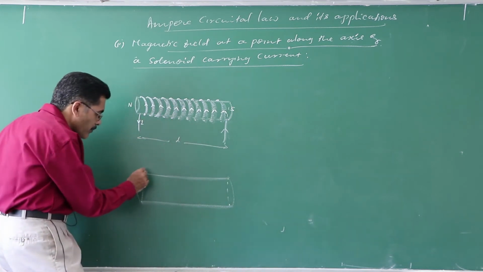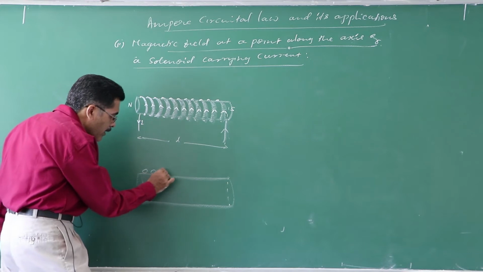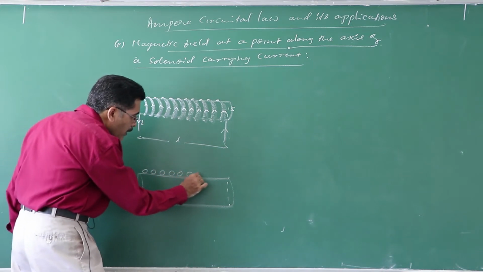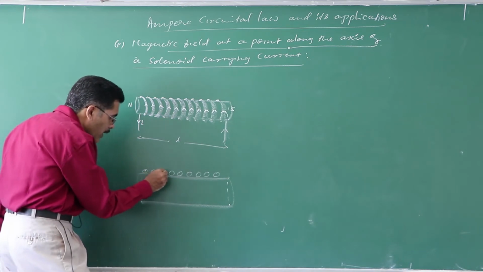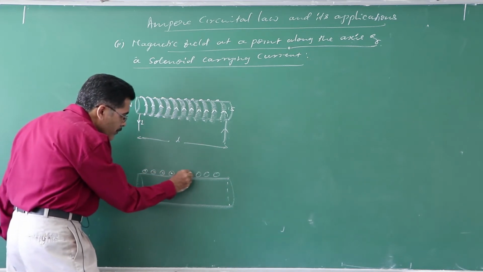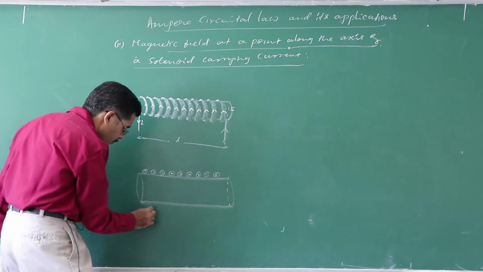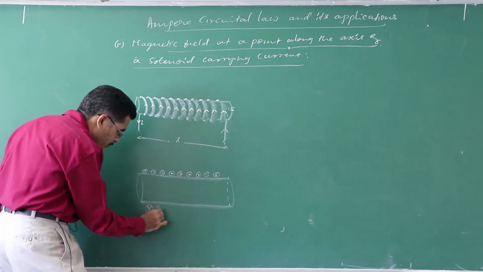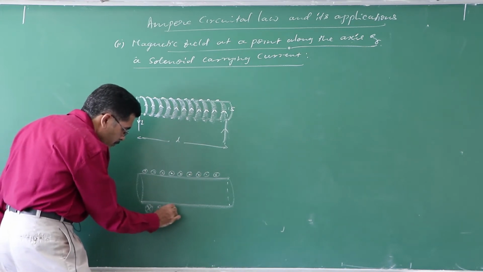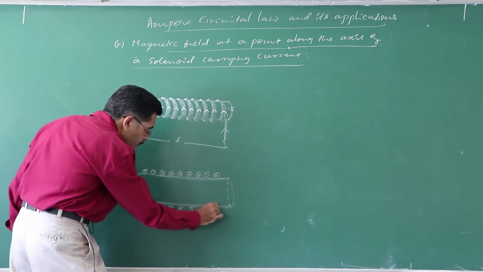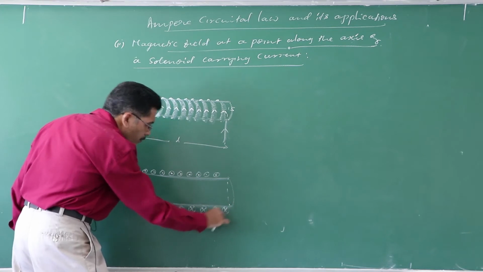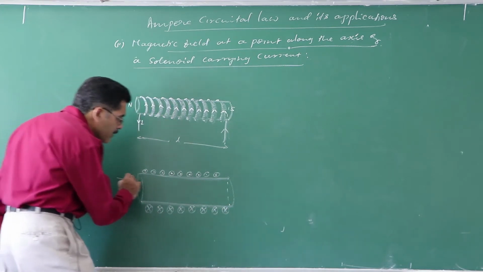Here I indicate the magnetic field by dotted lines, and the magnetic field lines are like this.